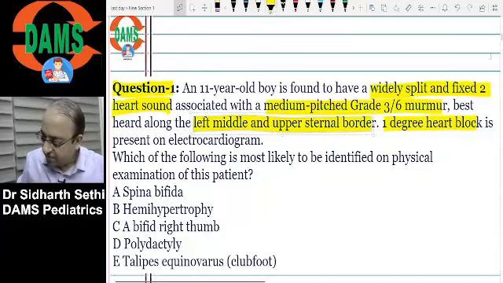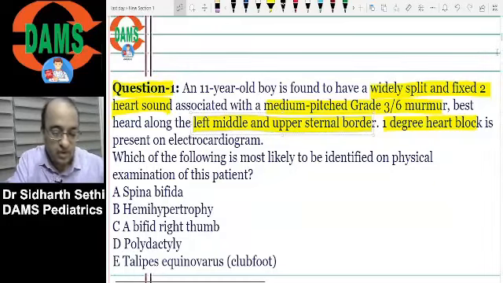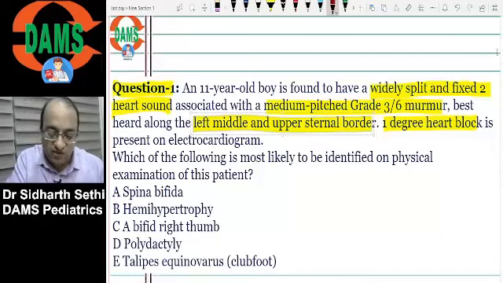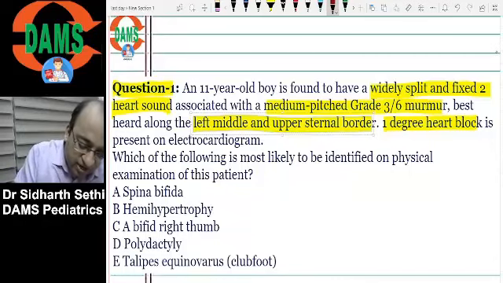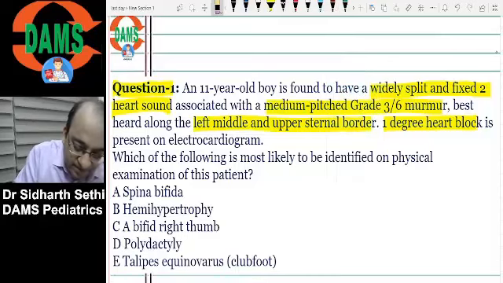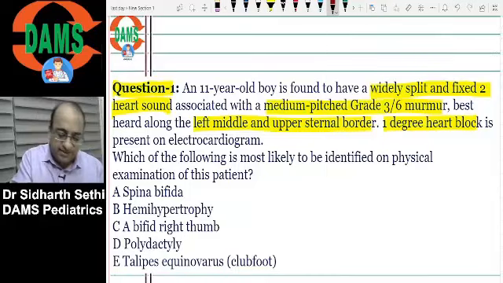Whenever I say wide and fixed second heart sound, and I will be taking your cardiology class as well, then we will be telling you that whenever you think about a wide and fixed second heart sound, your first differential should be ASD. And this is an 11-year-old asymptomatic child.